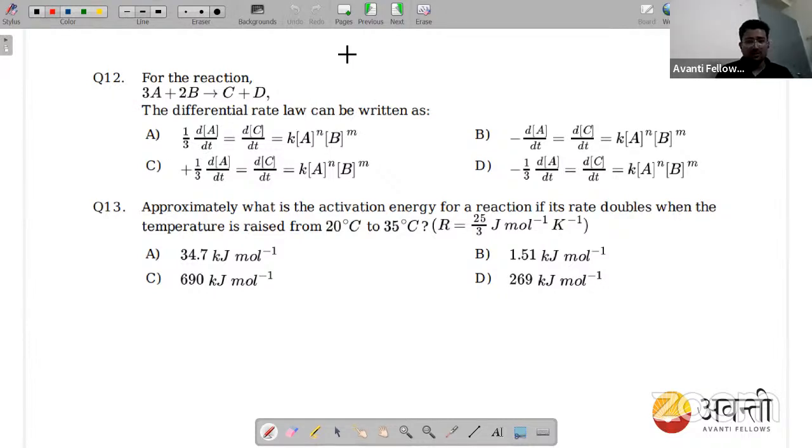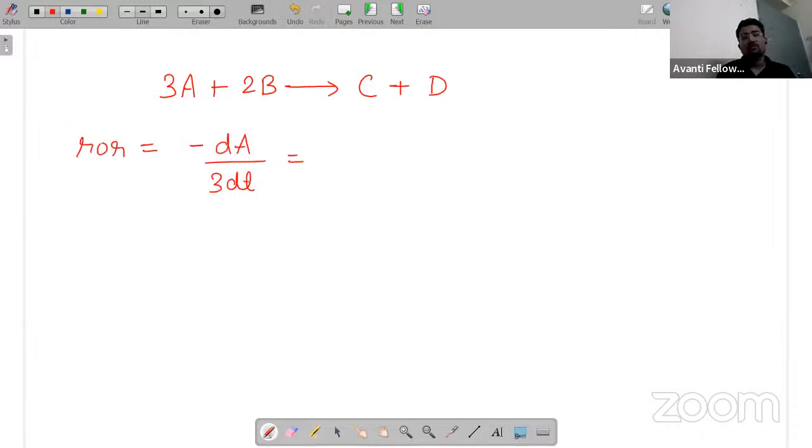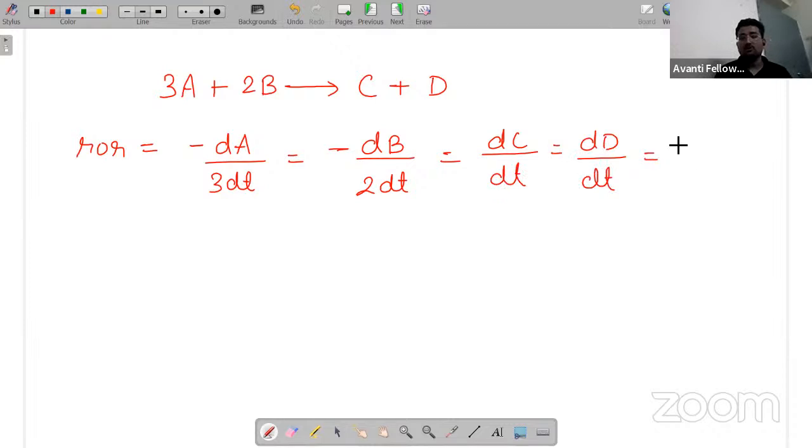Let's start with the reaction, it's 3A plus 2B gives C plus D. Now for that we can write the differential rate law equation: minus dA by 3 dt, that we all know, equal to minus dB by 2 dt because these are reactants, equal to dC by 1 dt, equal to dD by 1 dt, also equal to K A to the power x B to the power y, that we all know.